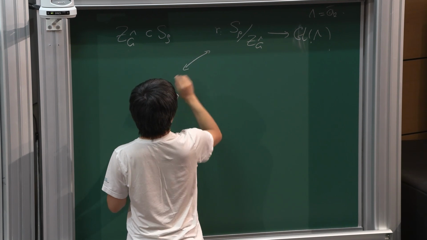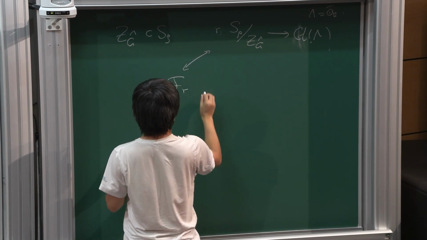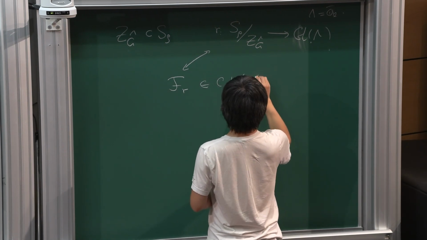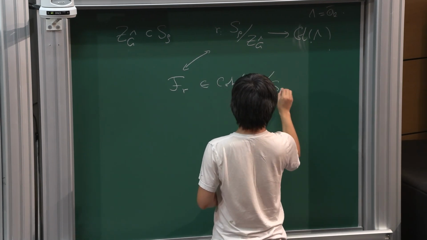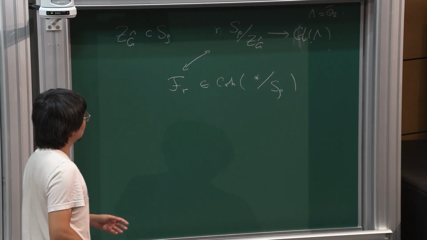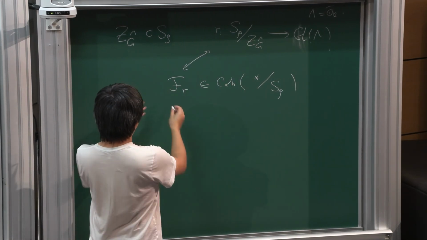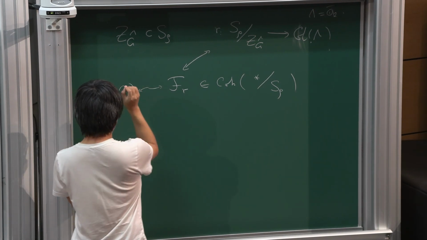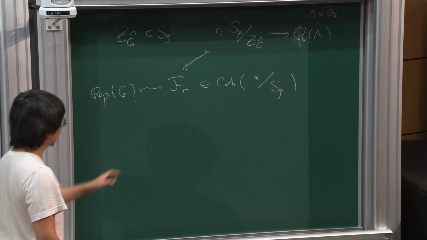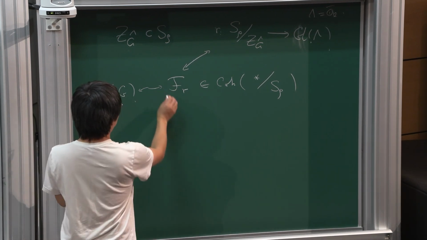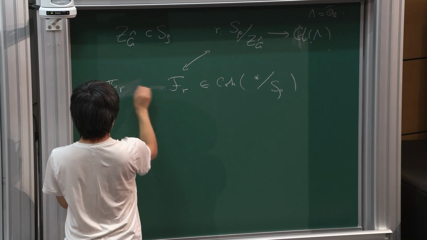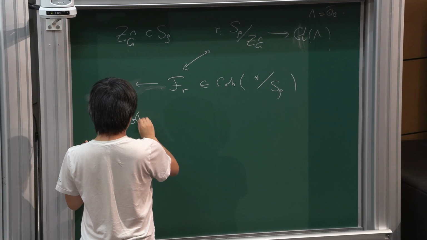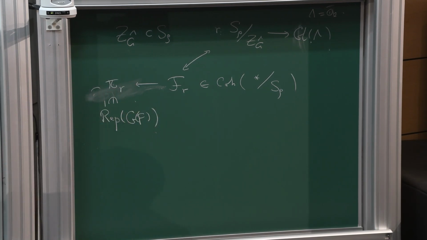This will correspond to a coherent sheaf F, at one point here, and this one should come from a representation of G, which will correspond to some pi_R. I guess this is the classic picture.